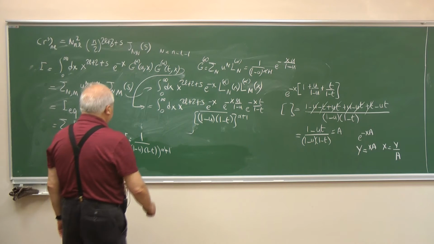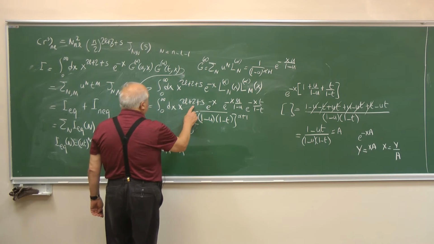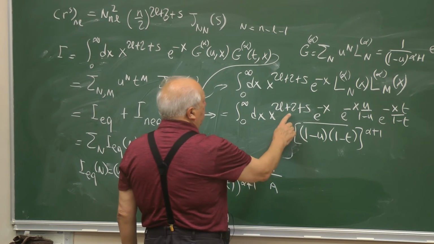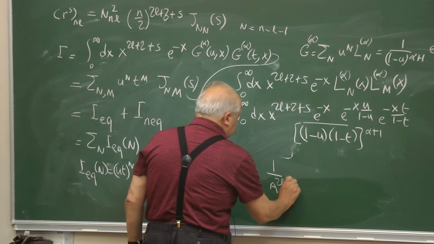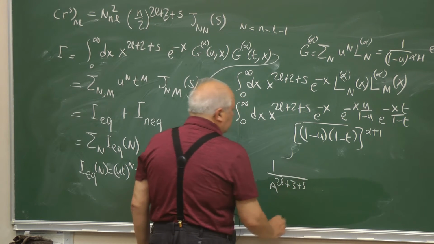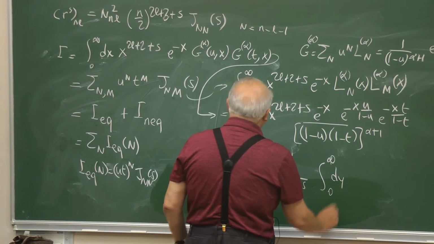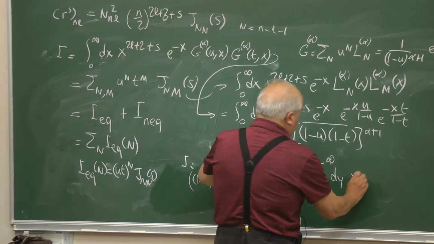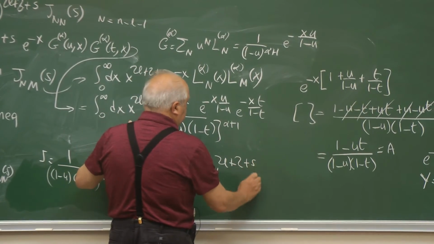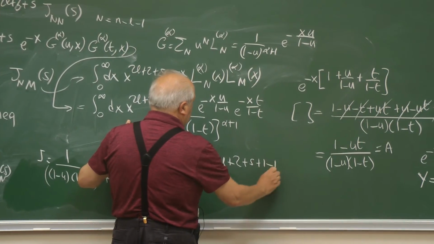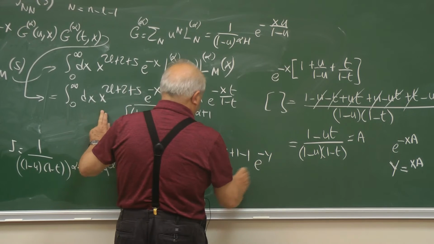The power will be 1 over a to the 2l plus 2 plus s. There is another one for this, 2l plus 3 plus s, times the integral from 0 to infinity dy y^(2l+2+s). Let me add 1, subtract 1, e to the minus y.